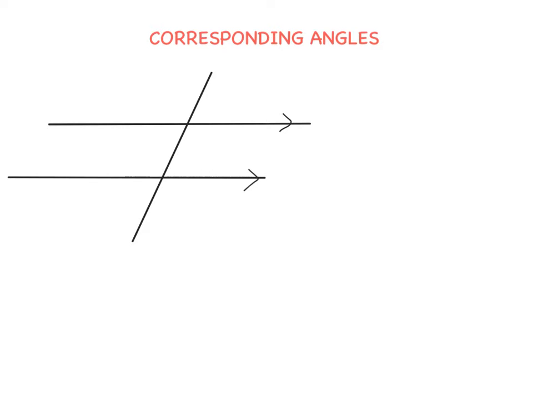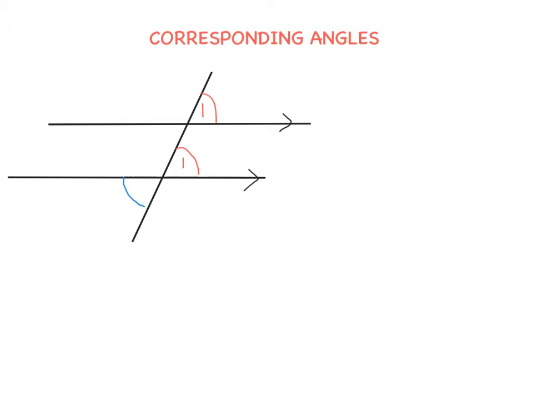And now let's look at another pair of angles. Let's say this angle and this angle. This time they're on the same side of the transversal. As you can see, this angle is exactly the same as this angle. So let's say that's number 1 and number 1, and they're exactly the same.